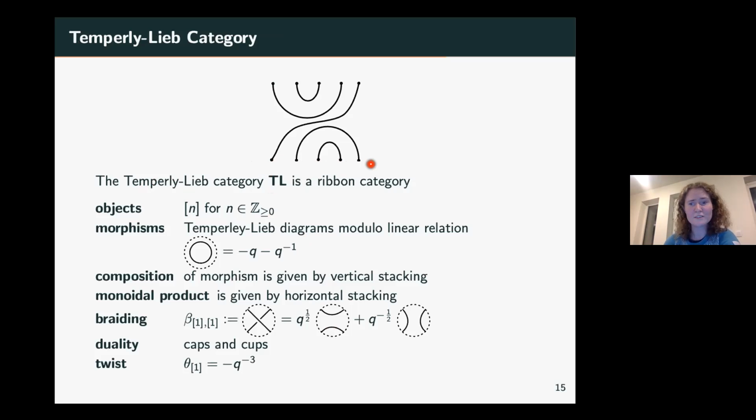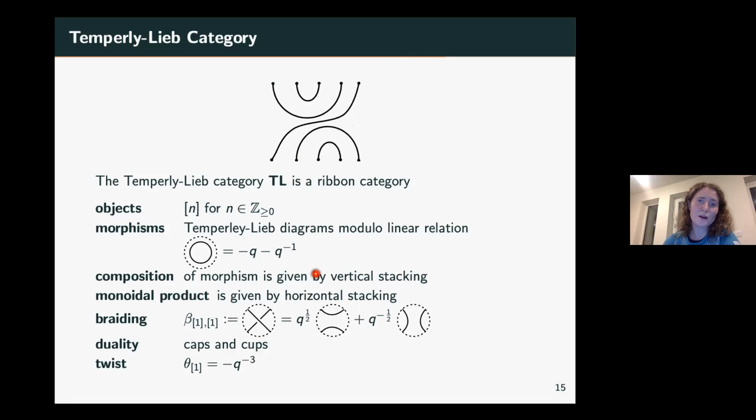In this case, n is 5, so this is the n is 5 object, and this is also an n is 5 object. The morphisms are Temperley-Lieb diagrams, which are essentially curves joining points to points, where you can loop back on yourself, but you can't have any crossings.